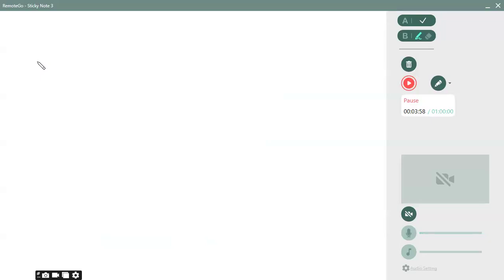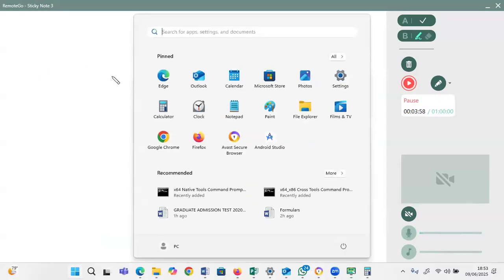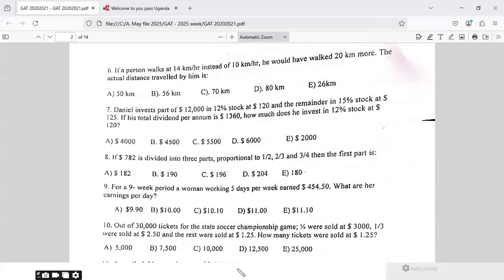All right. So we go back to the question a bit. The question was asking for the actual distance traveled. If a person walks 14 kilometers per hour instead of 10 kilometers, that is speed. Speed is speed. Then the 20 kilometers is distance.